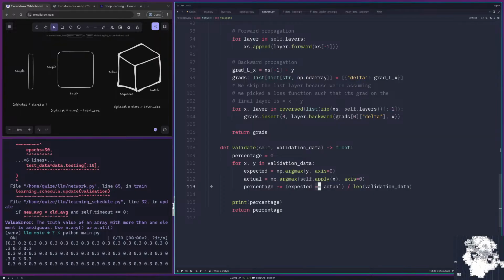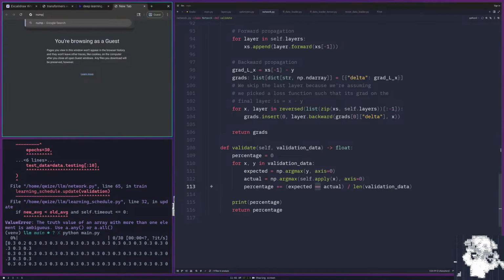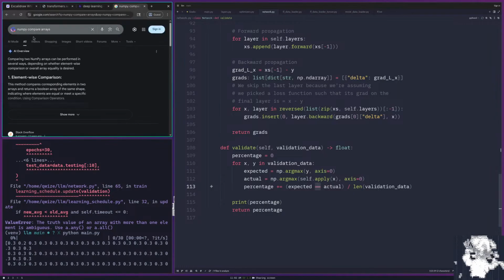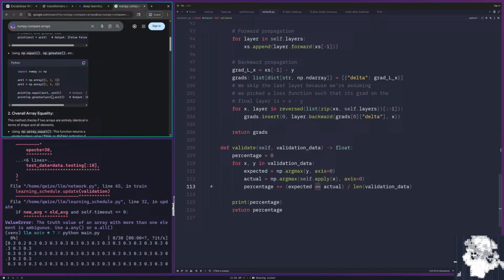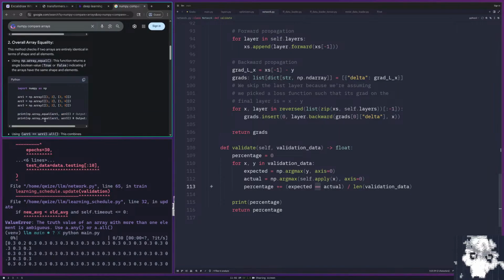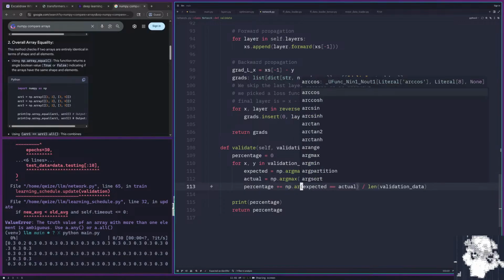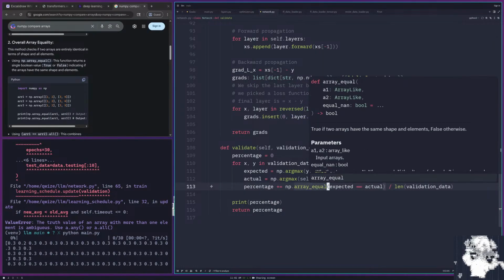Oh, because the equals equals is probably being broadcast. Okay. NumPy compare arrays. np.array equal.